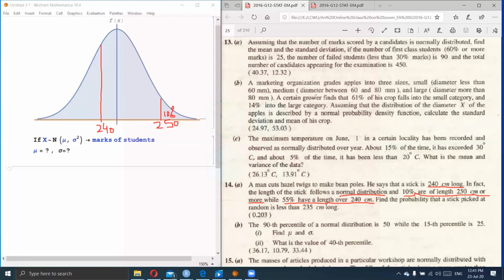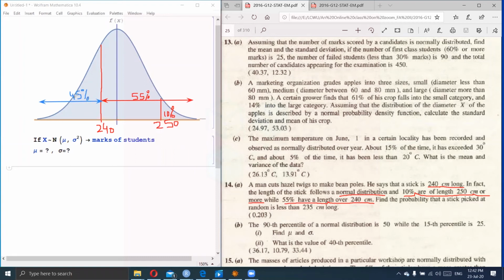Over means the area which is going to be shaded is 240 up to plus infinity, and this area is 55%. So our point is here on the left tail. If this area on the upper tail is 55%, then below this point area is definitely 45%. So the area below this point can be written here 45%.